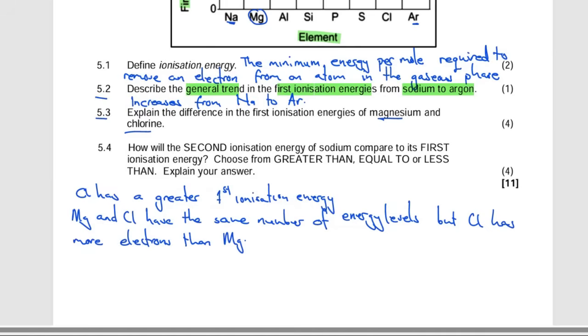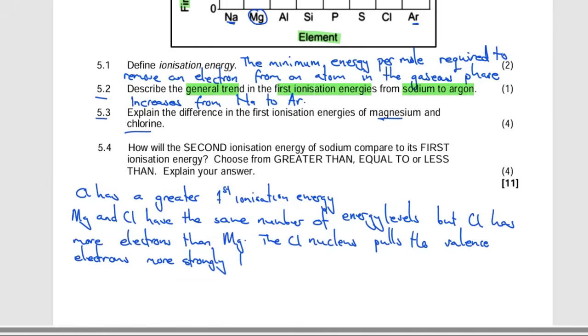Then it says therefore chlorine's nucleus, so I'm going to say the Cl nucleus pulls the valence electrons, the ones on the outer shell, more strongly than the nucleus of the Mg.